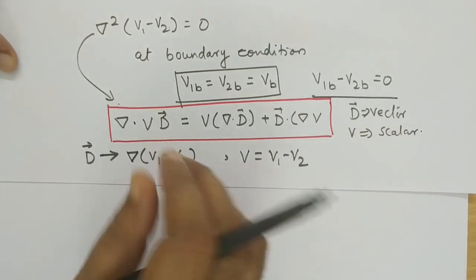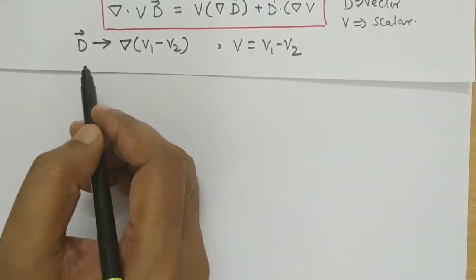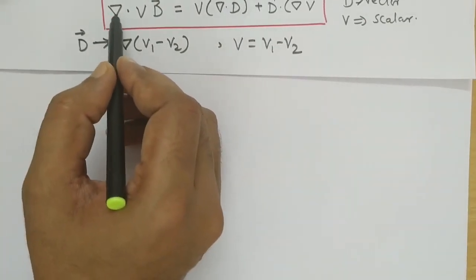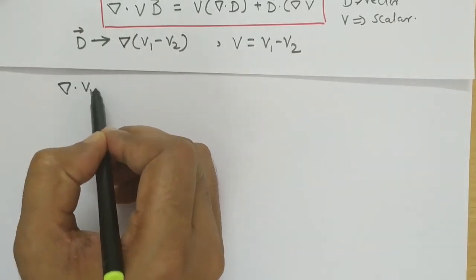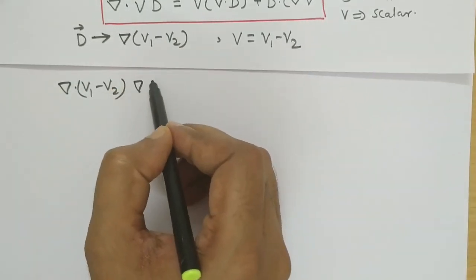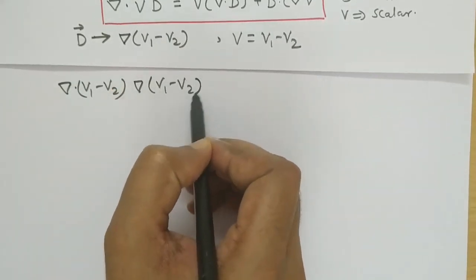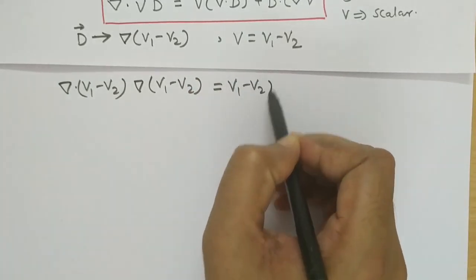So I am going to apply this in the equation. Let's apply that and see what happens. So del dot V D, with D as del of V1 minus V2, and V as V1 minus V2.